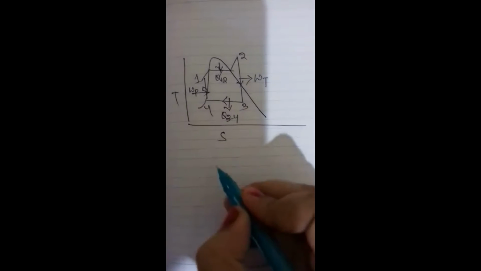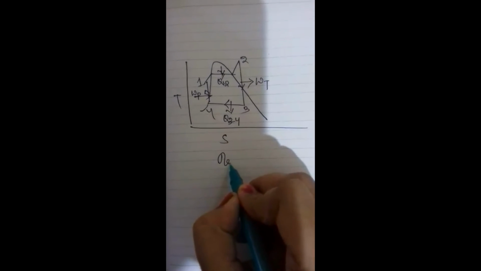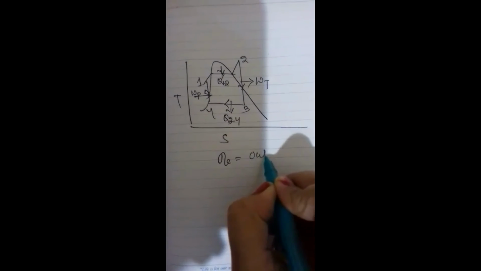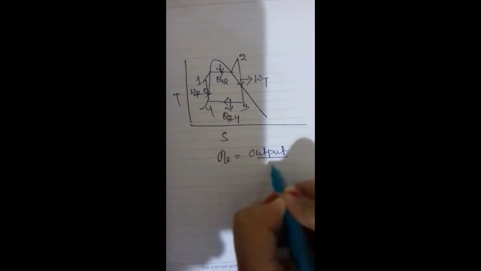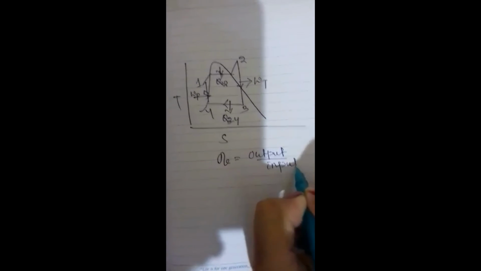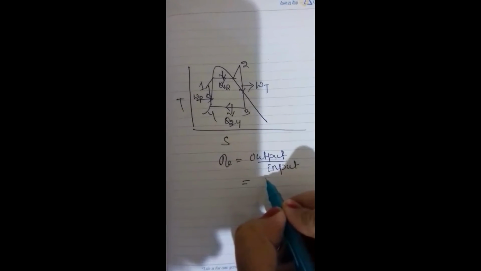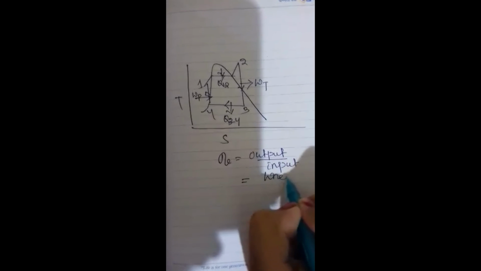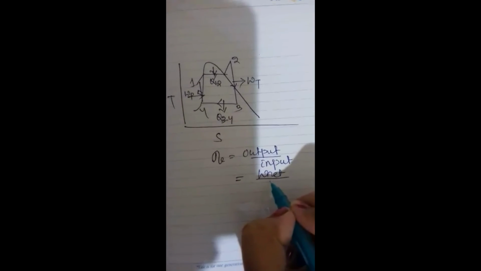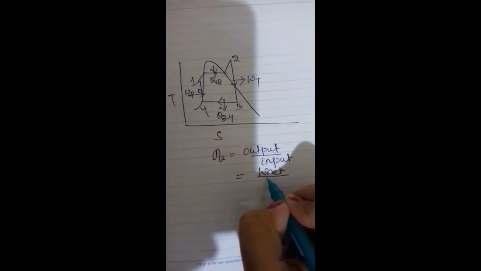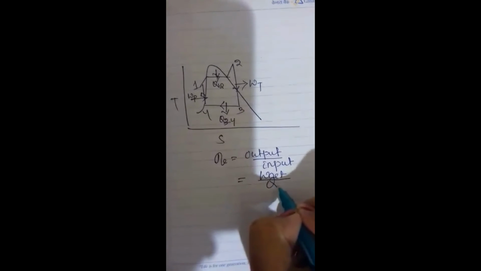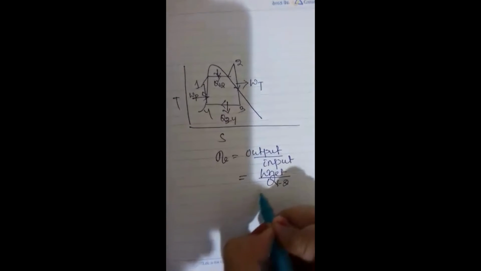So when we calculate the efficiency, efficiency is equal to output divided by input. Output will be the net work output, W net, divided by input, which will be our heat given in the boiler, Q1-2.